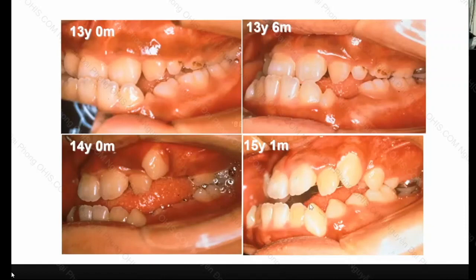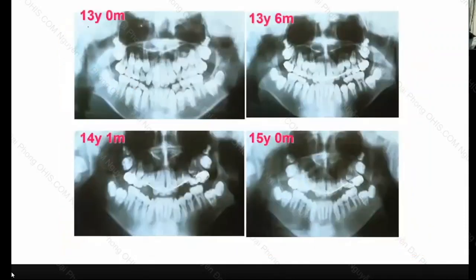If you see the sequence over these 2 years in the panoramic observation, the buccal segment or premolar exchange starts, then the 7 eruption starts, and the 6 year molar is something squeezing out.